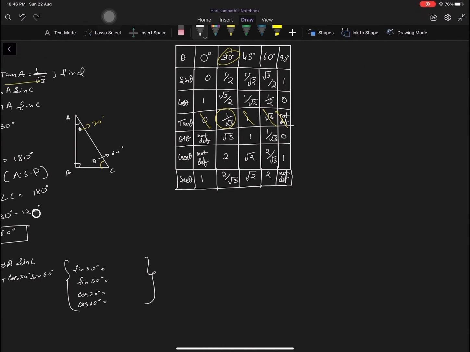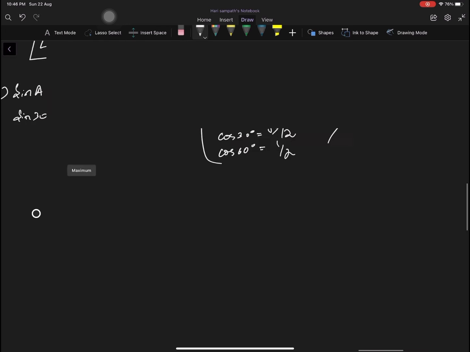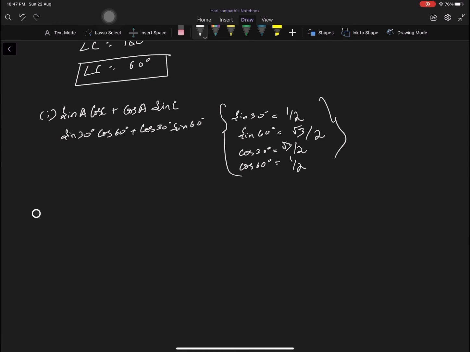It's 1 by 2. And sin 60 is root 3 by 2. Cos 30 is root 3 by 2 again, and cos 60 is 1 by 2. Let's substitute the values. 1 by 2 into 1 by 2, that is 1 by 2 square, plus root 3 by 2 into root 3 by 2.